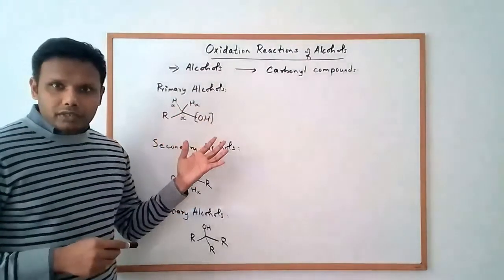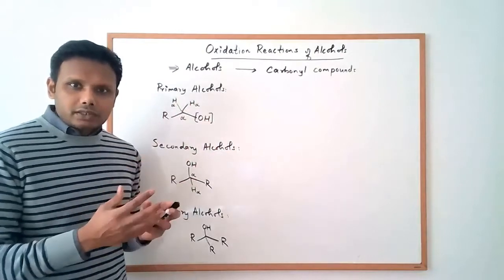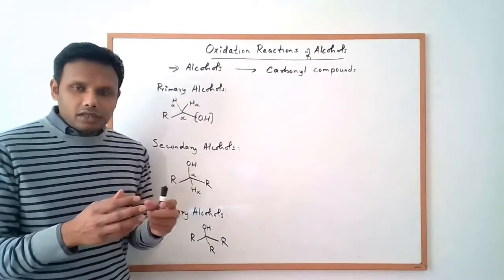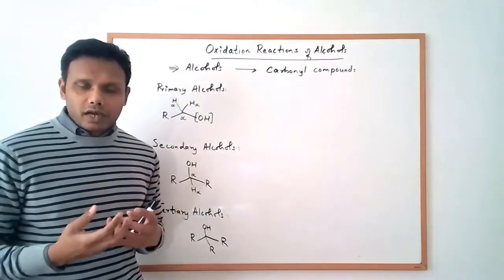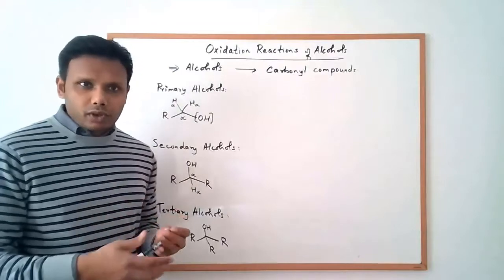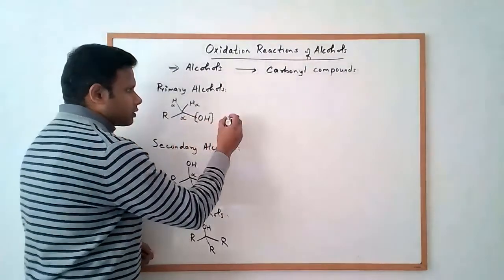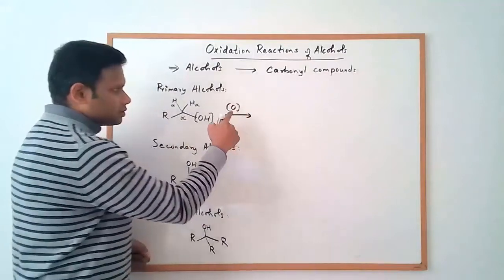So a primary alcohol can be oxidized twice because oxidation, in a very visual sense, you can treat as the removal of hydrogens or the formation of more carbon-oxygen bonds. Okay, so a primary alcohol can be oxidized twice.